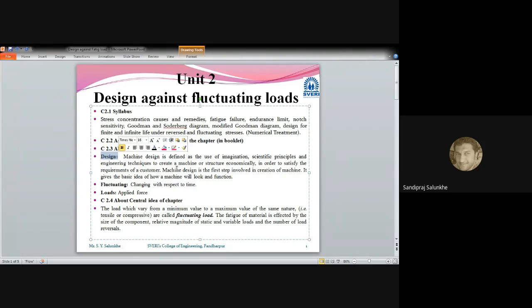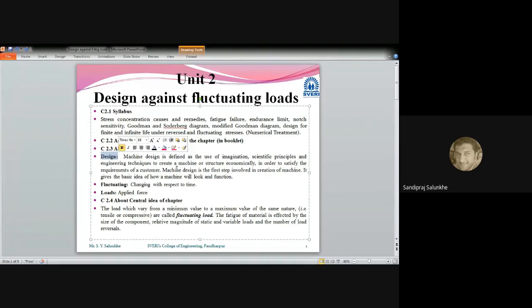What actually happens when we change that load with respect to time? If we fluctuate that load, what will happen exactly? What will the nature of the stress be? And if the stress is fluctuating, then what will be the effect of that fluctuating stress on that component? Whether it will fail, or it will sustain the stress, that we are going to see.